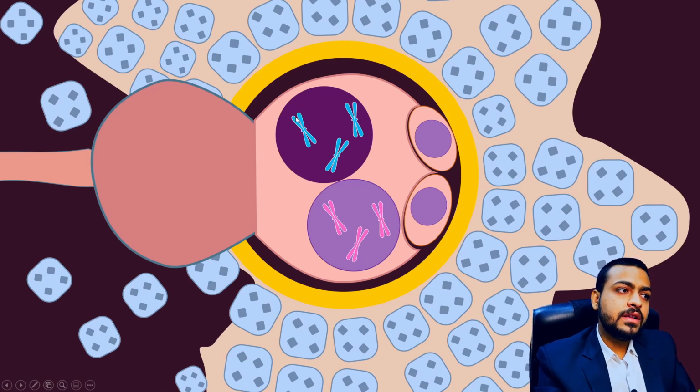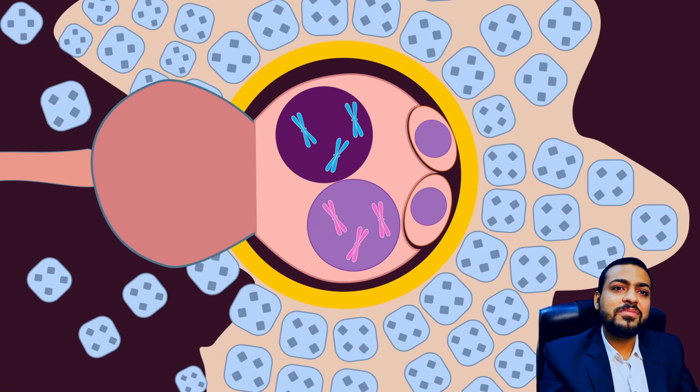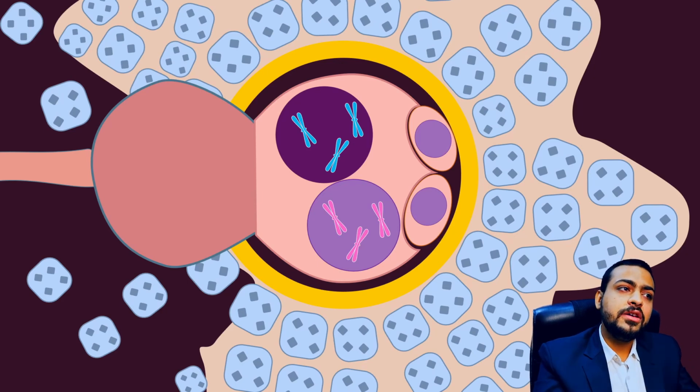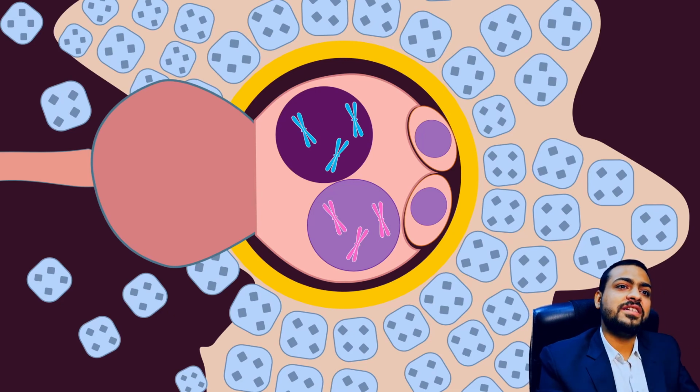And now we have 2 copies of 23 chromatids in the male pronucleus and 2 copies of 23 chromatids in the female pronucleus. So in total, how many chromosomes do we have right now? Yes, 46 chromosomes. As a result of this fertilization process, we got 46 chromosomes, and a normal human somatic cell should have 46 chromosomes.